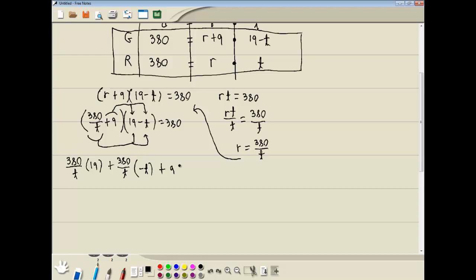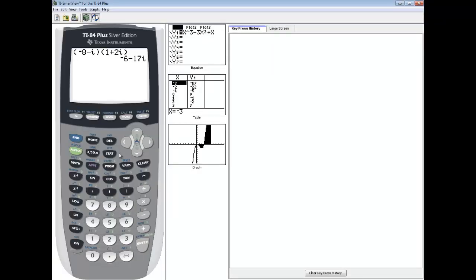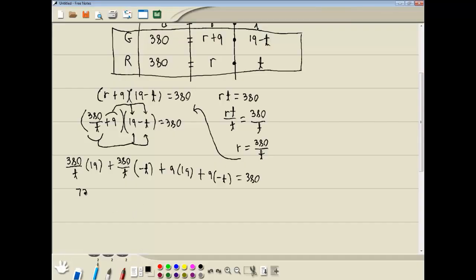And then we got 9 times 19, 9 times negative t equals 380. 380 times 19 is 7,220 over t. Here the t's would cancel and leave us minus 380.